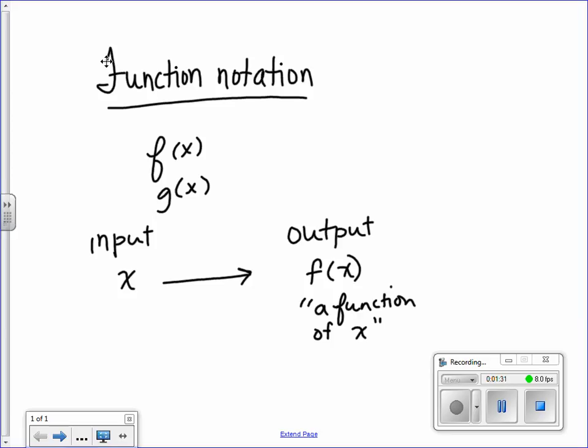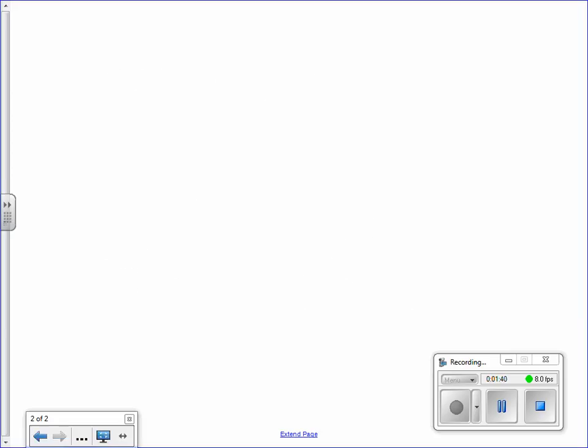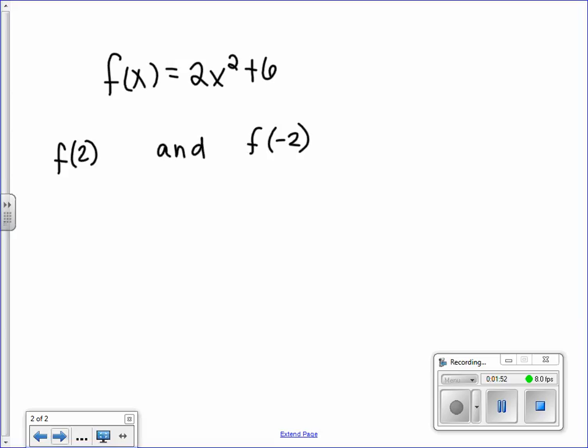If you have a function, you can evaluate it. So you've got f of x equals 2x squared plus 6, and you want to find f of 2 and f of negative 2. Just put the number in for x. f of 2 would be 2 times 2 squared plus 6.